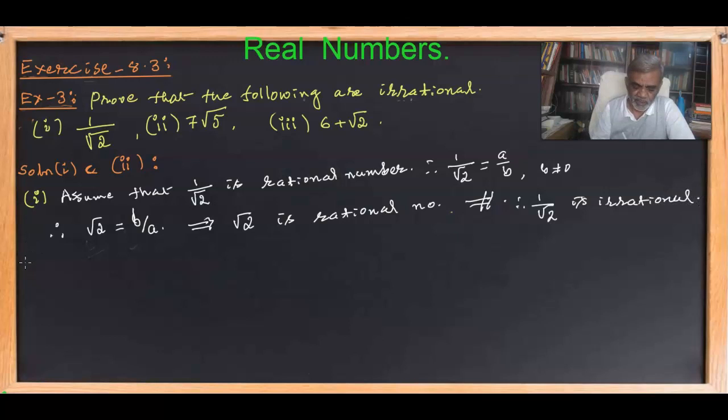And the second one. Again assume that 7 root 5 is rational.